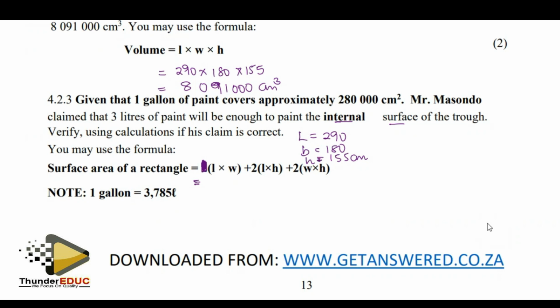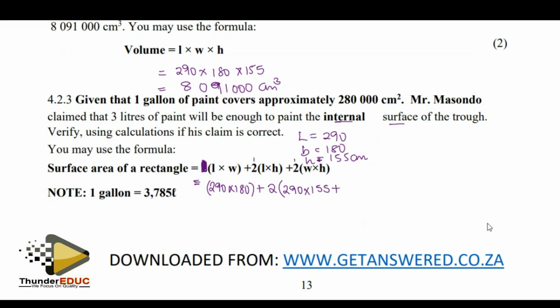So we shall say plus 2 into L, our length 290, times the height, which is 155, plus, I'm adding because this 2 here is the same as this.